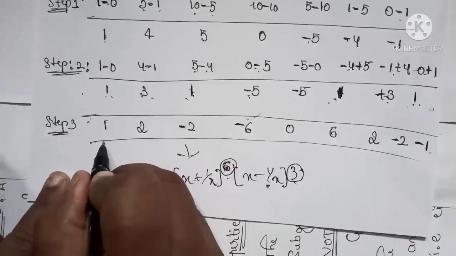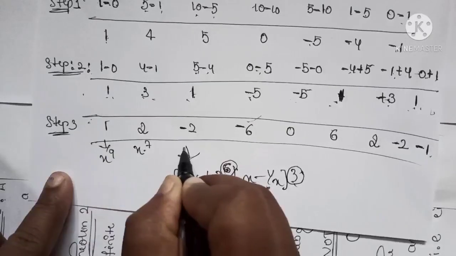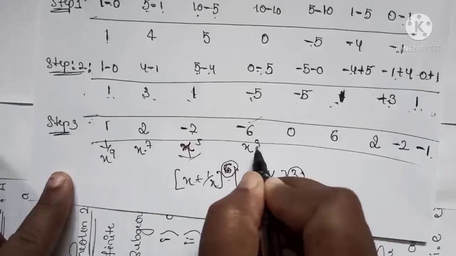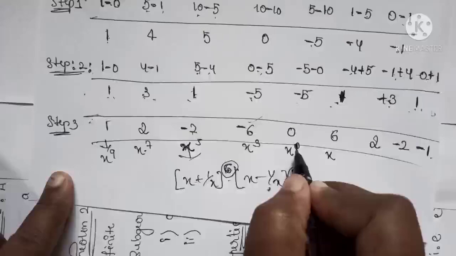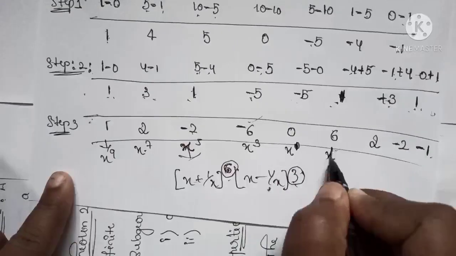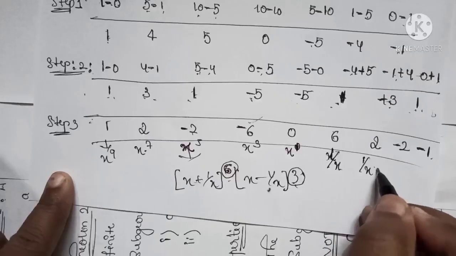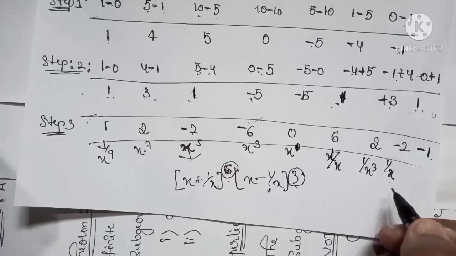Therefore we start with x power 9, x power 7, x power 5, x power 3, x power 1, x power 1 minus 1, that means 1 by x, 1 by x power 3, 1 by x power 5, and so on.